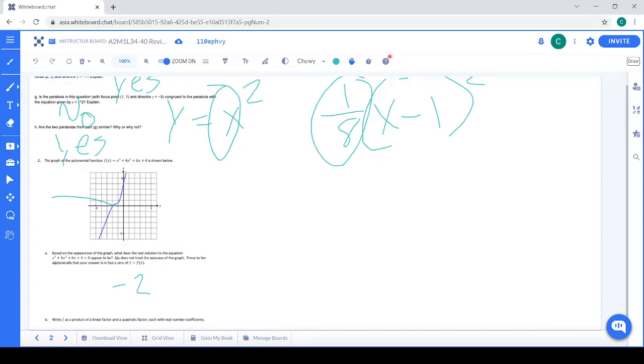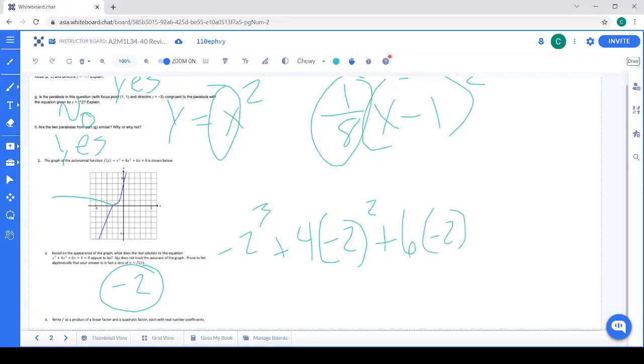Now, is it a real zero? Well, how do we test for real zeros? I can plug this into my equation, and if I get 0, then it is a real solution. So, -2 cubed plus 4 times -2 squared plus 6 times -2 plus 4. Well, this is going to be -8 plus 4 times 4 is 16.